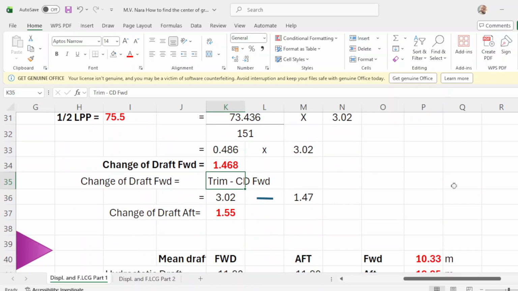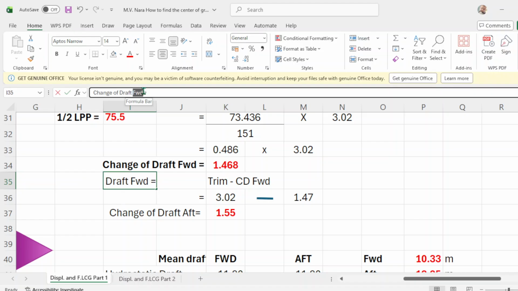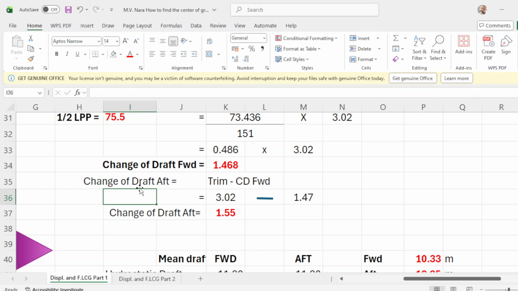Okay, to get the change of drop up, this is drop up. To get the change of drop up, it is trim minus your change of drop forward.